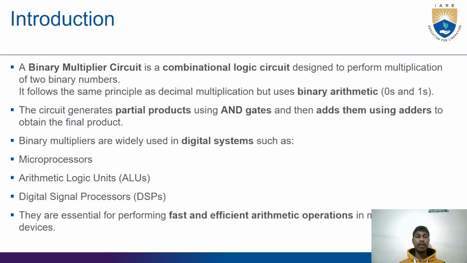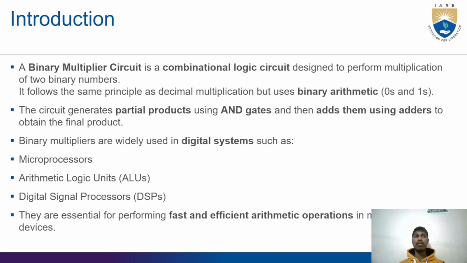Let's get into an introduction on what a binary multiplier circuit is all about. A binary multiplier circuit is a combinational logic circuit designed to perform multiplication of two binary numbers. A binary number consists of only two digits: zero and one.